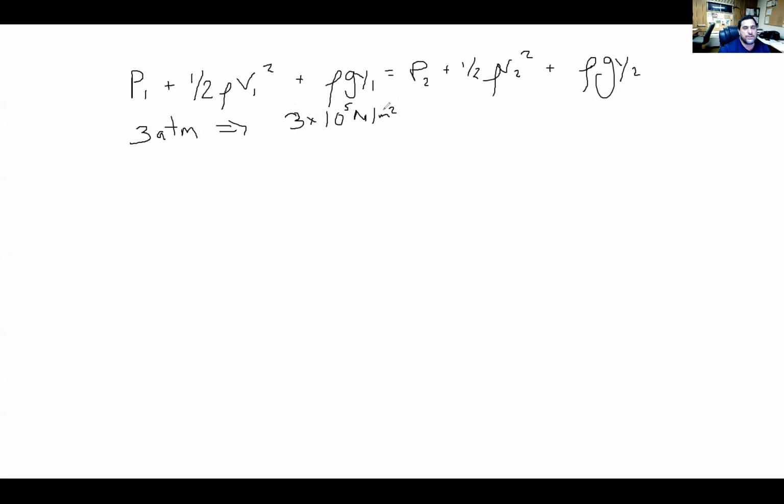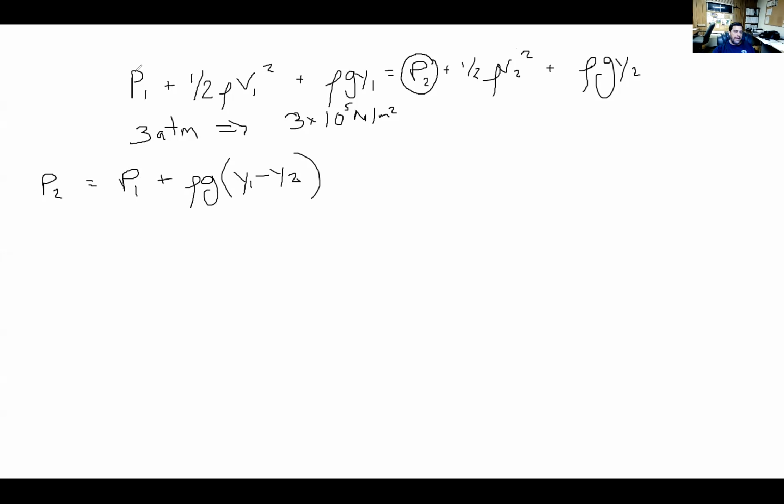So if I want to solve for P2, and I know P1, P2 is going to be equal to P1 plus, now I'm going to combine these terms and factor out a density times gravity, Y1 minus Y2.